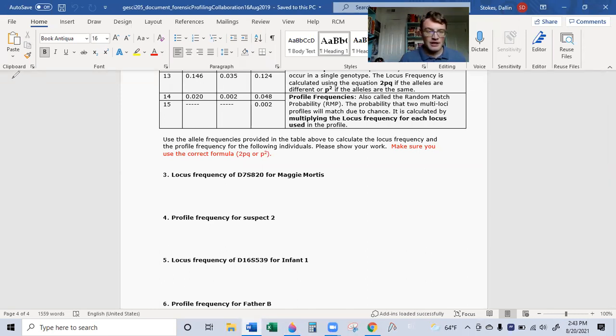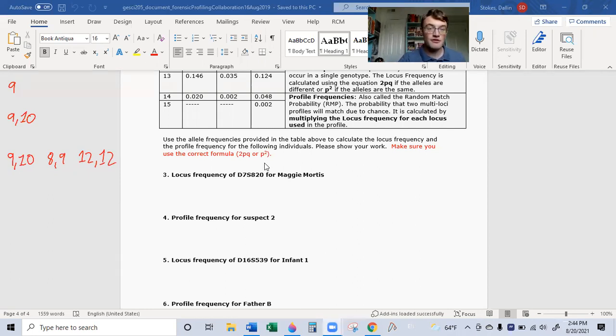Okay, so to show you our specificity here: an allele frequency was, what are the odds of having a 9 at D16? A locus frequency was, what are the odds of having a 9-10 combo at D16? A profile frequency would be, what are the odds of having a 9-10 at D16 and 8-9 at D7 and a 12-12 combo at D13?